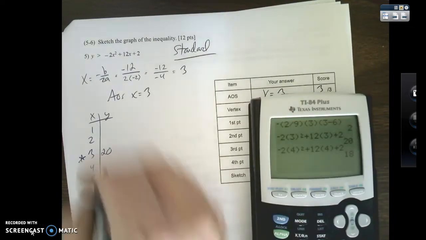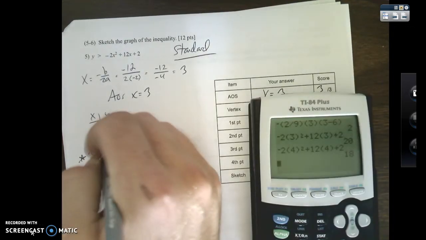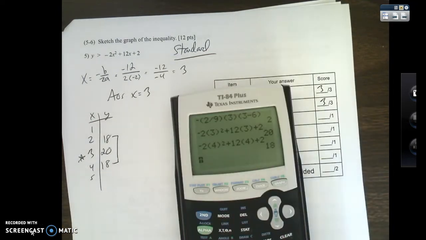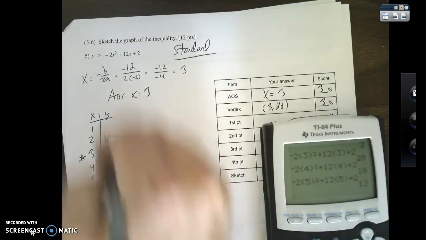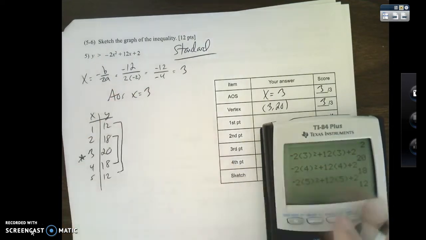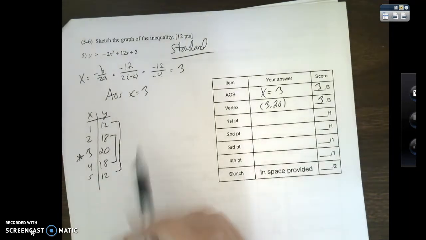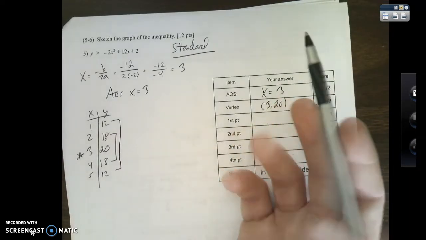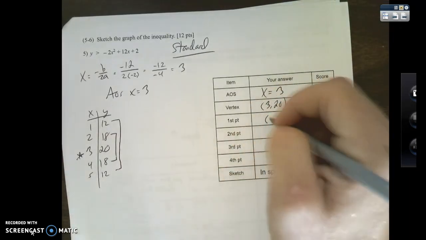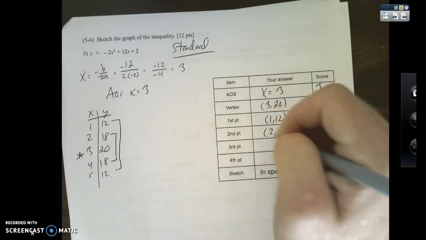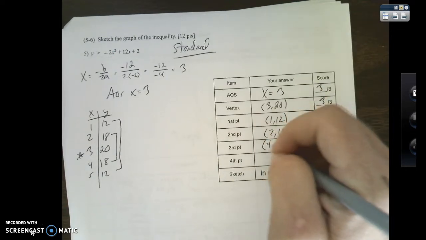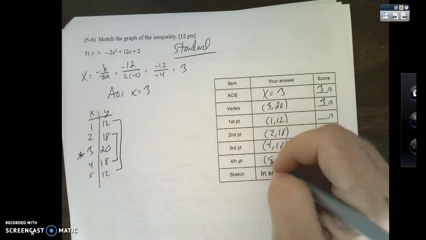That gives 18. So if that's 18, this is 18. And then if I want 5, this makes sense. Guys, make sure you're checking yourself if it seems a little bit off. These should be going down because it's a negative up front. That makes sense. So as far as my points go, I've got (1, 12), (2, 18), (4, 18), (5, 12).